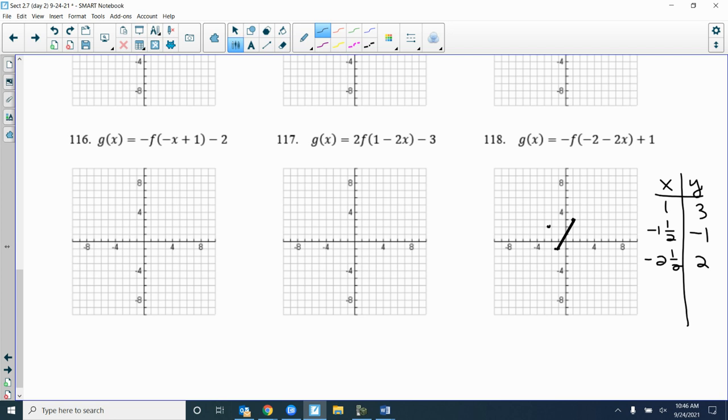All right, so what do we have? 3, negative 1, right? Right 2, which takes you to 5. Compress it, which takes me to 2.5. Reflect up, reflect over, and up 1. So yeah, I got that point.